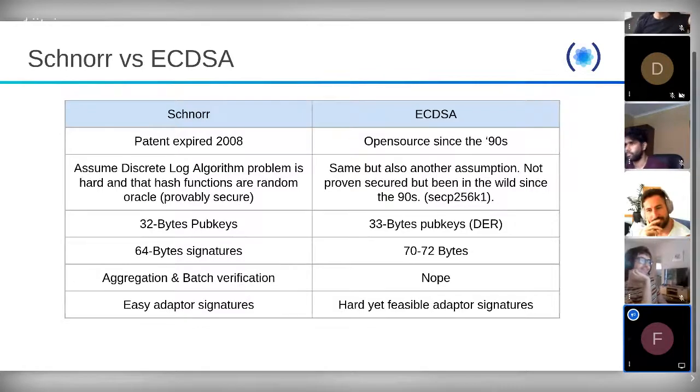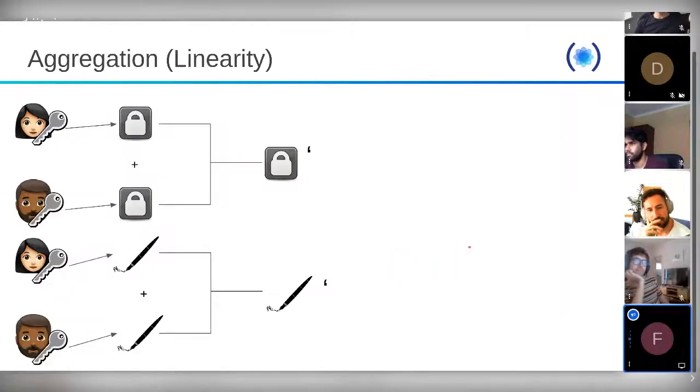Next, aggregation. I think you have all heard about it at some point, because Lloyd mentioned it many times, and I think Lucas mentioned it as well. So we have Alice and Bob. Alice has a private key, and Bob has a private key. From these private keys, they can derive their public keys, which are the padlocks.